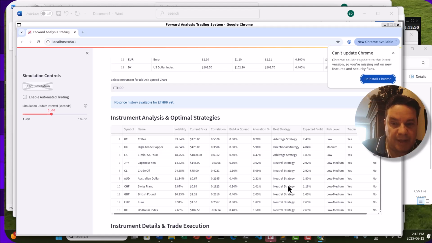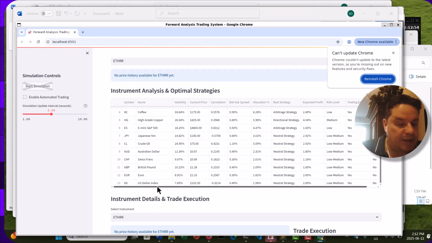This is the best strategy used for these particular assets, and again, these are a combination of futures and options. The AI did choose this, and the allocation percentage is chosen by the AI. That's all due to the presentation that I gave with the individual reports of each one of these.